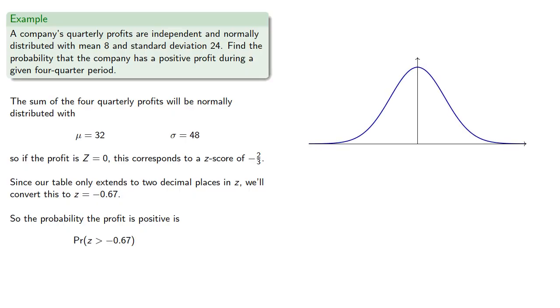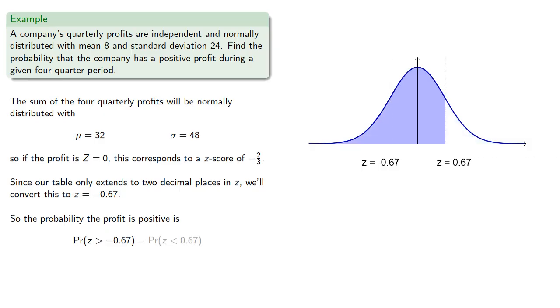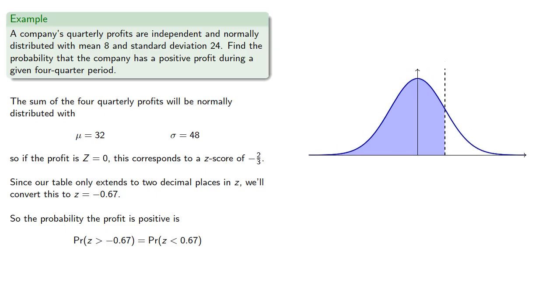It's the area to the right of negative 0.67, which by symmetry is the area to the left of positive 0.67, and we can look up that value on the table.